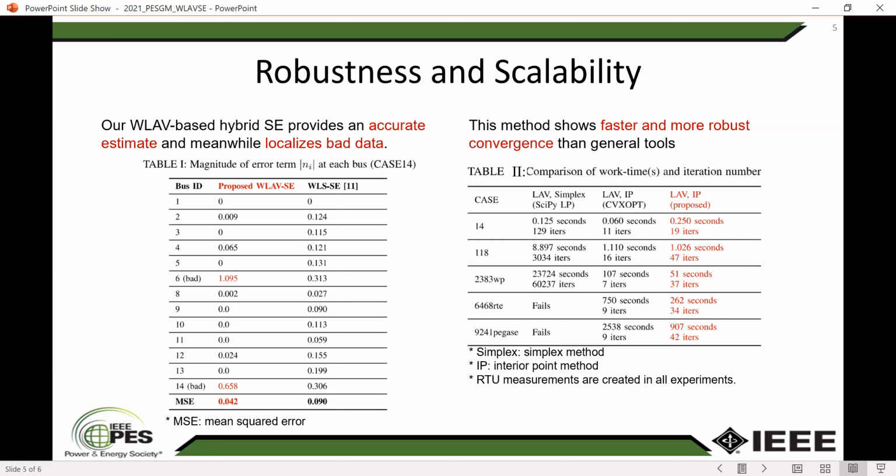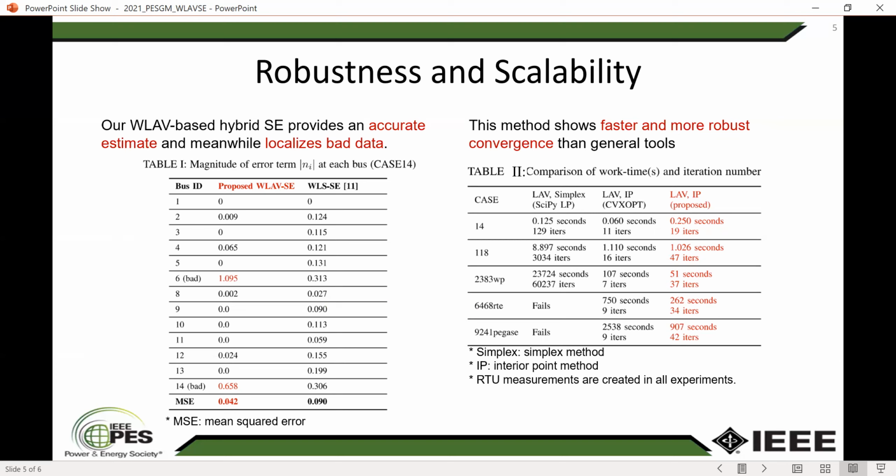However, the weight-least square formulation using the same models cannot give a sparse solution to clearly indicate bad data. And meanwhile, we can see that weight-least absolute value method gives a smaller mean squared error, meaning that this is more accurate. This is because the impact of bad data is captured by the sparse residual, and bad data will not affect the solution.